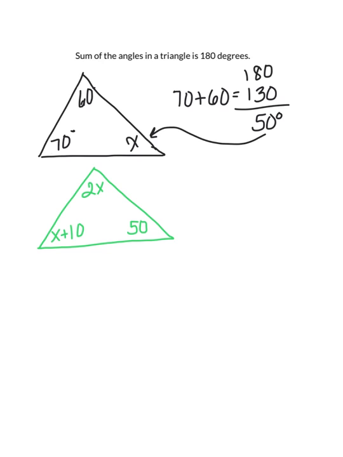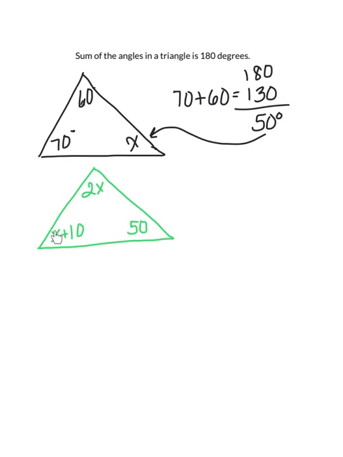Now let's look at the next triangle, the green one. We have three angle measurements in there, and we know if we add them together, they're going to add up to 180. So we're going to have to add this angle, plus this angle, plus this angle. We have to remember combining of like terms. I notice this one has an x and this one has a 2x.